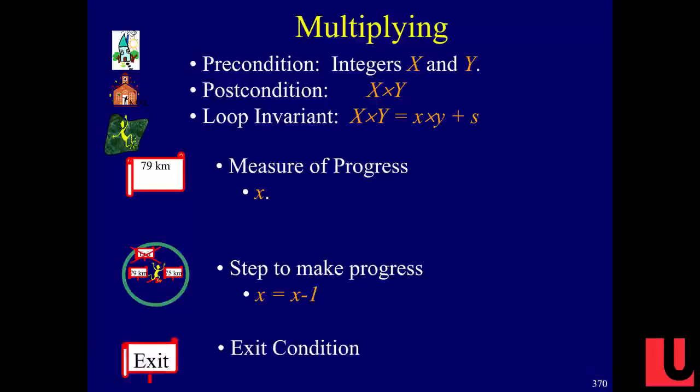And what is our exit condition going to be? We want the exit condition to be something that's obviously going to be met. We don't make it our post condition. We say, x is getting smaller, and it's an integer, so we exit when x equals 0.